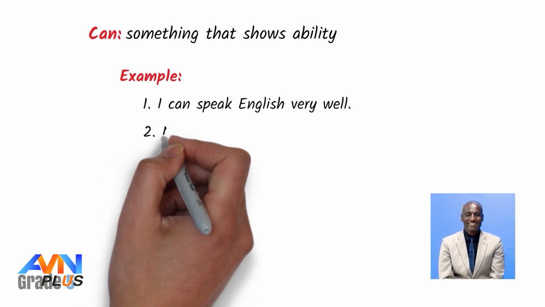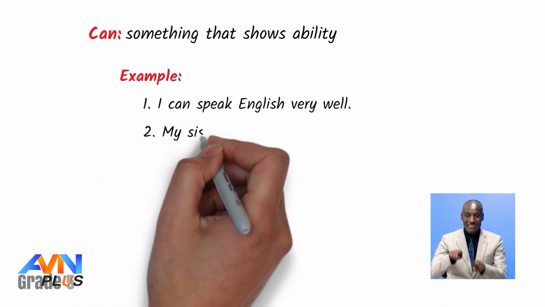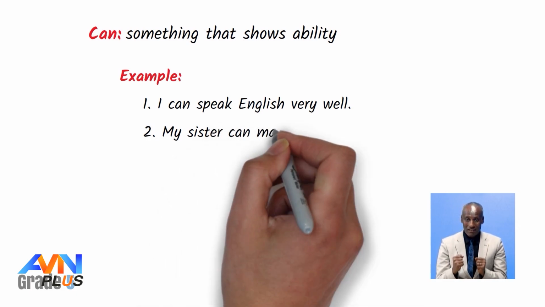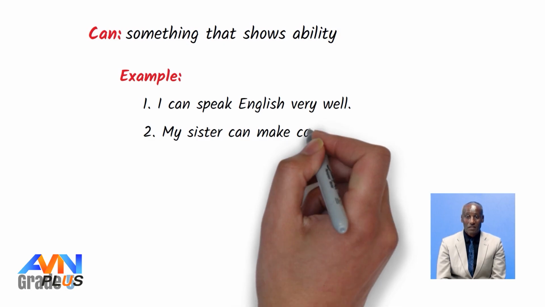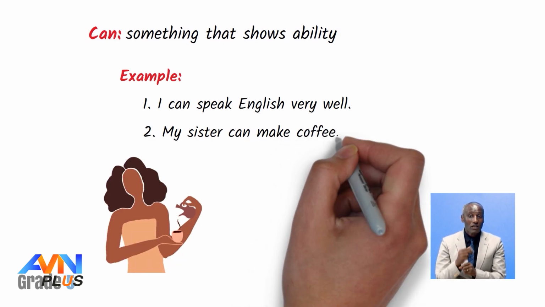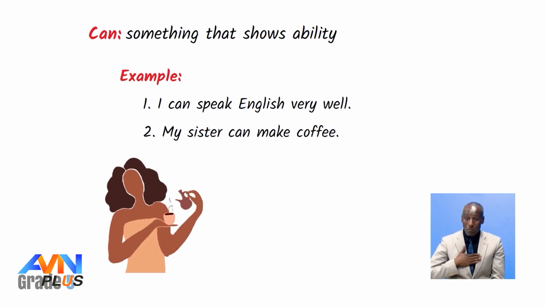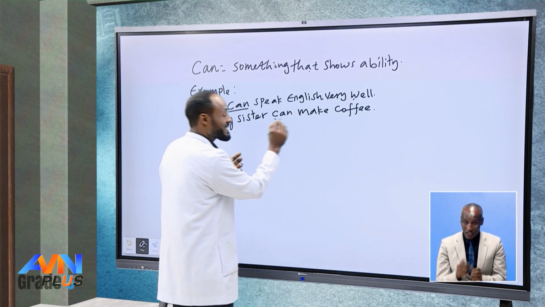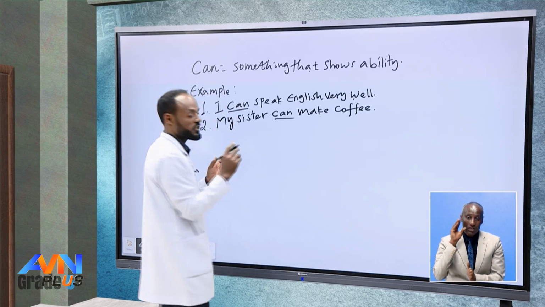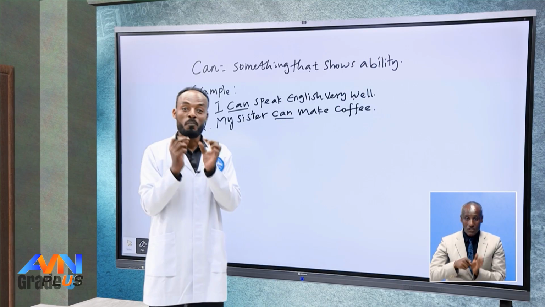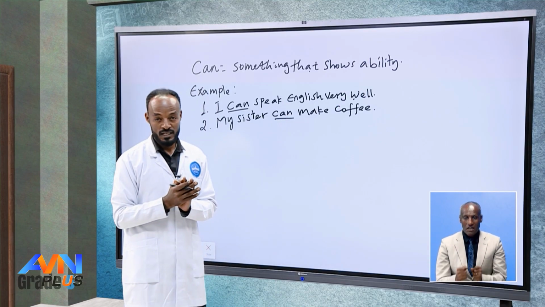My sister can make coffee. In this sentence, the word can shows the ability. This means your sister can make coffee. Is it clear?